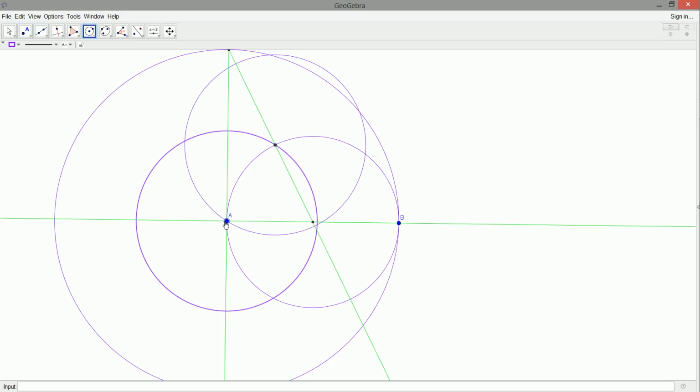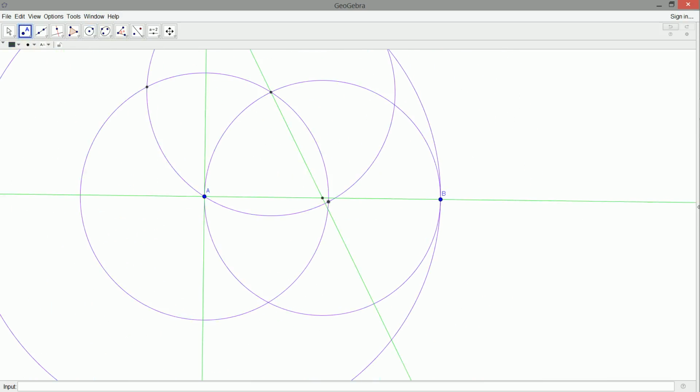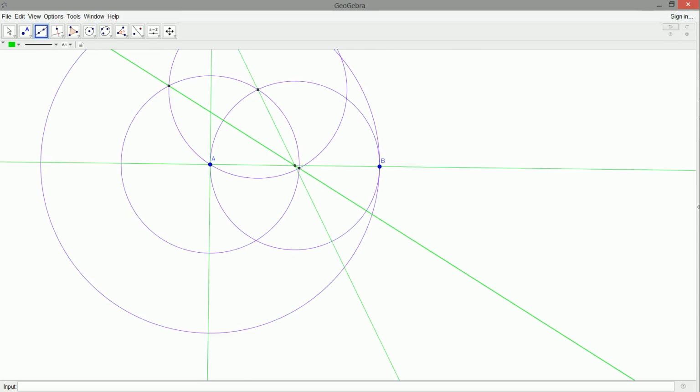Get a perpendicular bisector between these 2 points, and because of some nice isosceles triangle properties, I gotta make sure I hit the right one. There we go. So this perpendicularly bisects the length between A and this other dot here, but it angle bisects the angle from this right angle triangle.